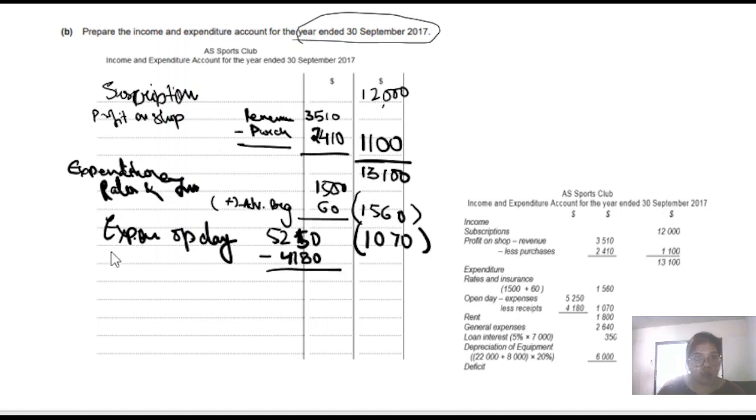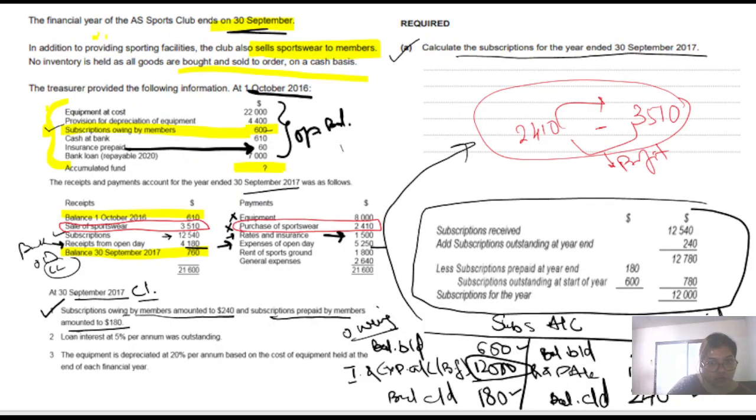Now other expenses we have to record. Next is rent, and after that general expense. There is no adjustment related to that, so we can copy it directly.